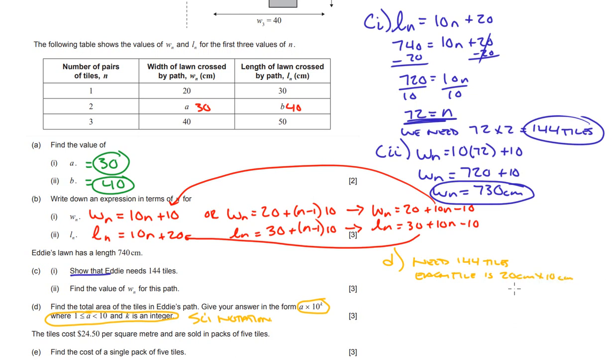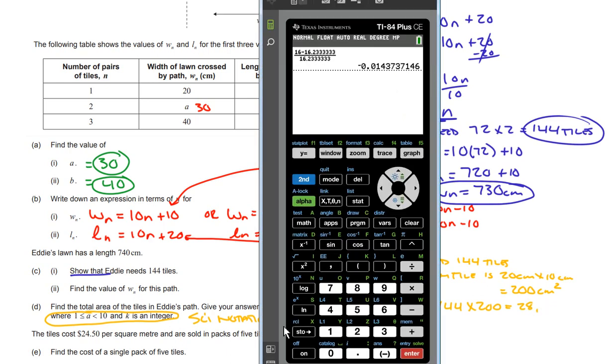Okay, so if we multiply that together, that's going to give us a total of 200 square centimeters, right? So if we've got 144 tiles and we know that each tile is 200 square centimeters, to find the total area, we would take 144 times 200. And that is going to give us our 28,000. Oops, I should not be cheating.